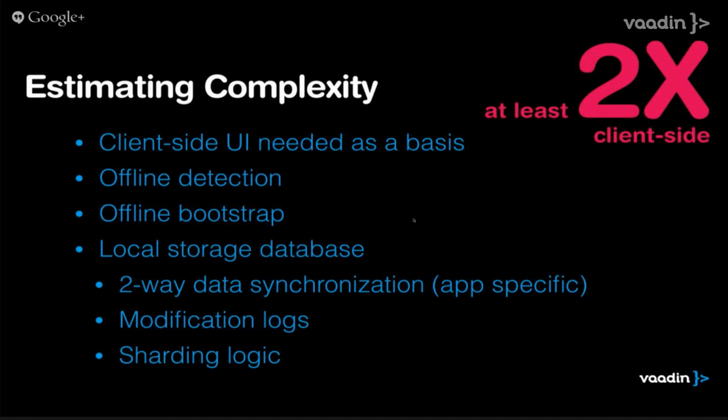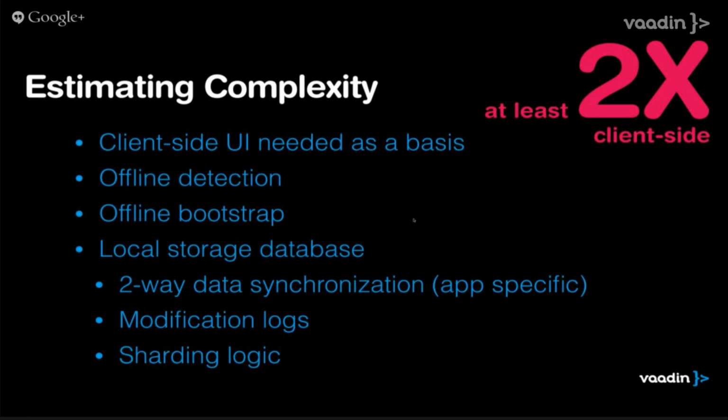Here we don't have any kind of exact numbers on this, but the gut feeling or rule of thumb is it's at least twice the complexity to build an offline mode capable UI than to build the same UI on the client side.